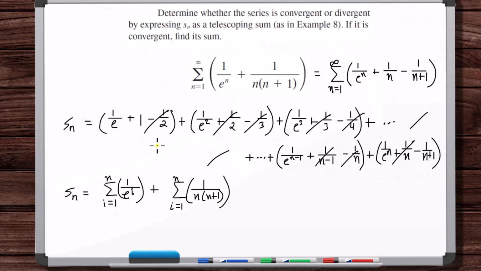Okay, because it's telescoping, we know what this formula is. So we've got, this doesn't change. Okay, we know this, we can see it's just going to be 1 minus, that's what this is equal to.